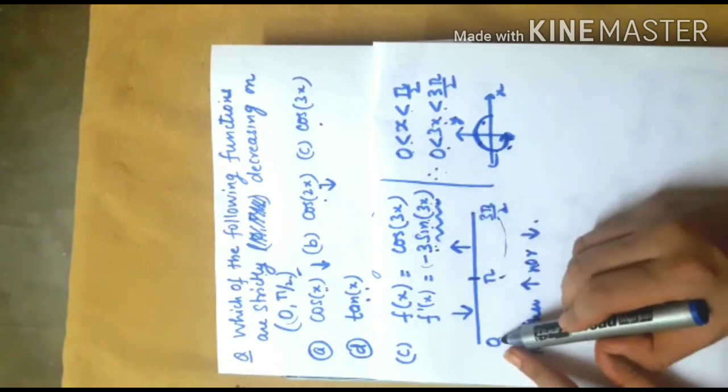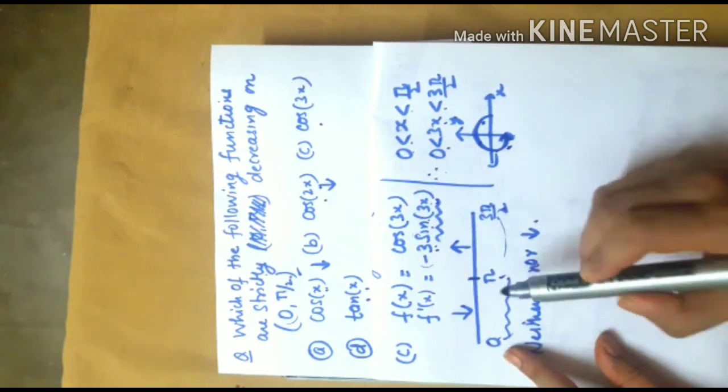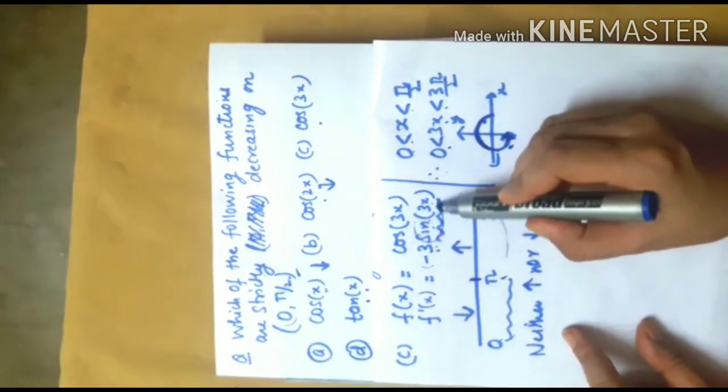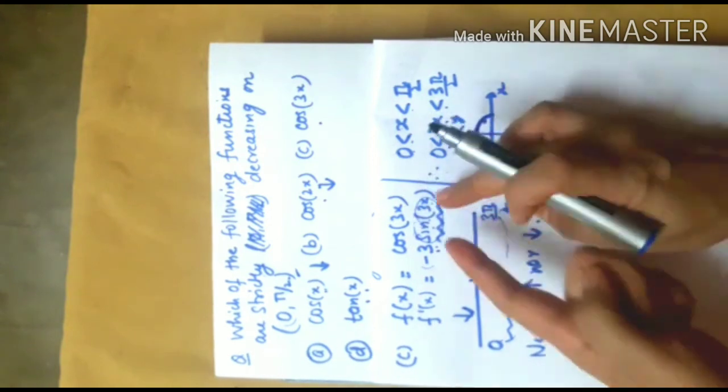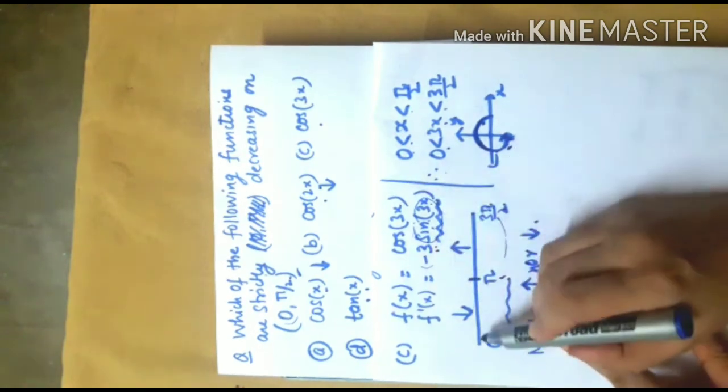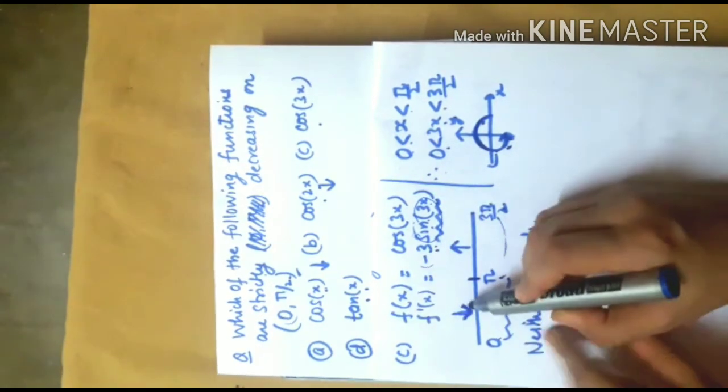Now when 3x is in this part, that is in first 2 quadrants, then sine 3x will be positive. So positive when multiplied with negative 3 will give you a negative answer. So in this the function will be decreasing.